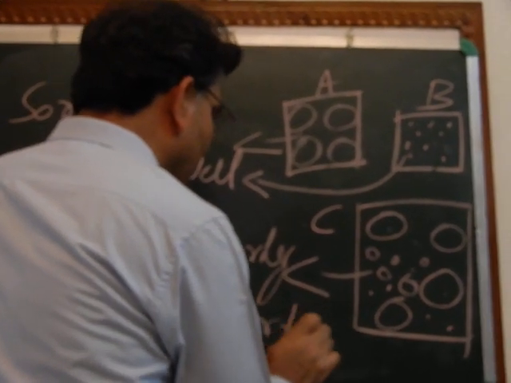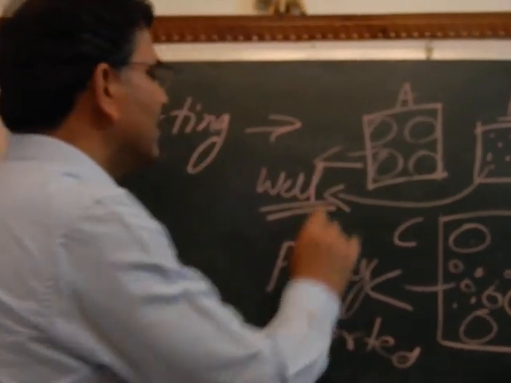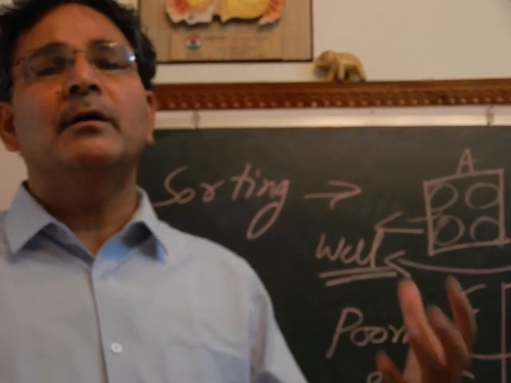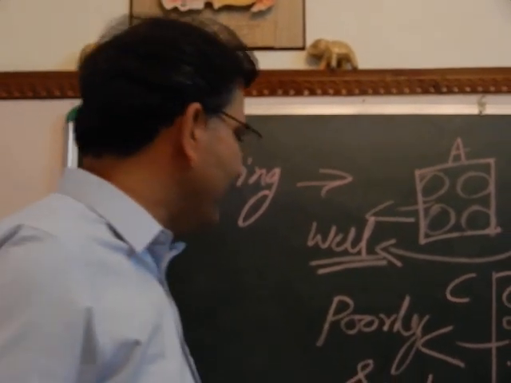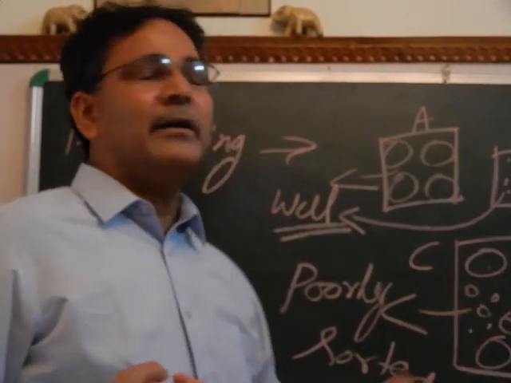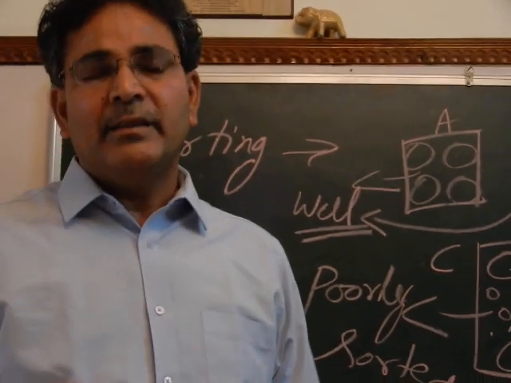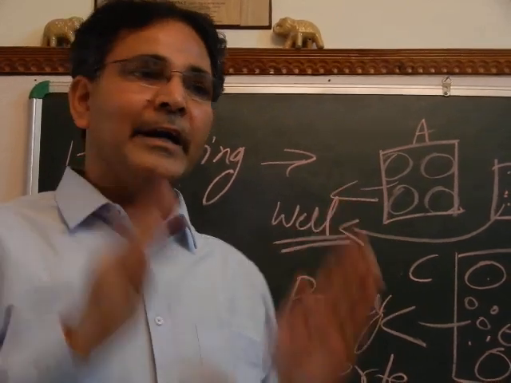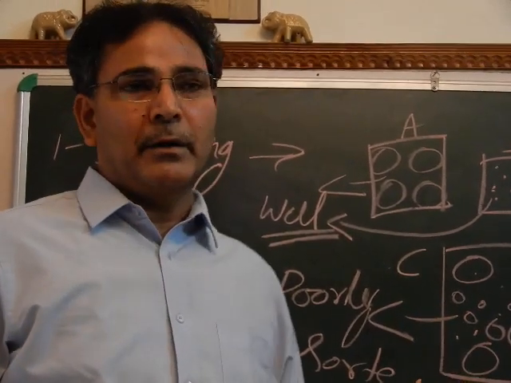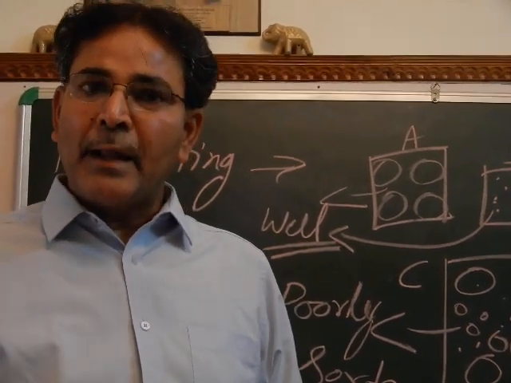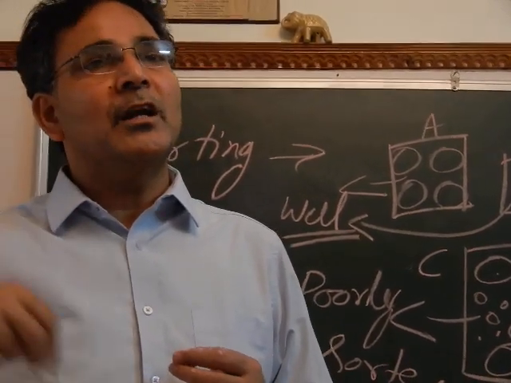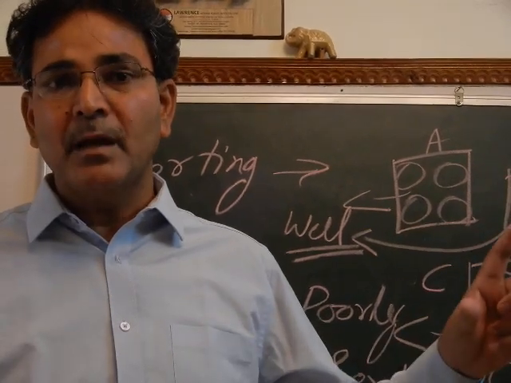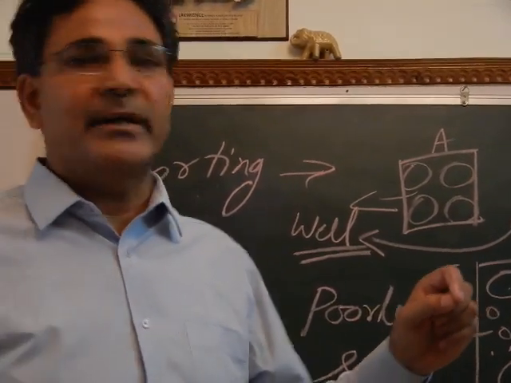It means well sorted grains indicate the consistency of the energy of the depositional environment, whereas poorly sorted grains indicate the fluctuation in the energy. If we are getting poorly sorted sediment, it explains that the energy of the depositional environment was not consistent for a long period of time, the energy was continuously fluctuating.